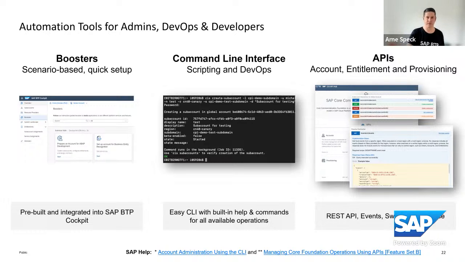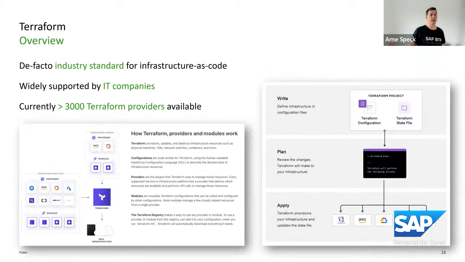automations to do those administrative tasks, and therefore we're offering the command line interface for BTP and also APIs. And what we also provide, and I don't know who of you is familiar with Terraform. Terraform is basically a solution not by SAP, but more or less an industry standard for managing infrastructure, also referred to as infrastructure as code.